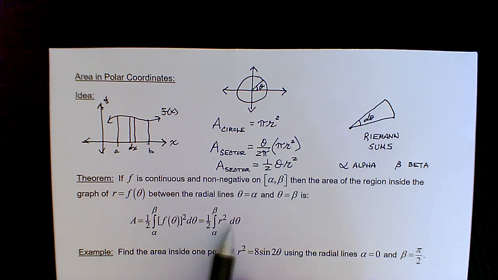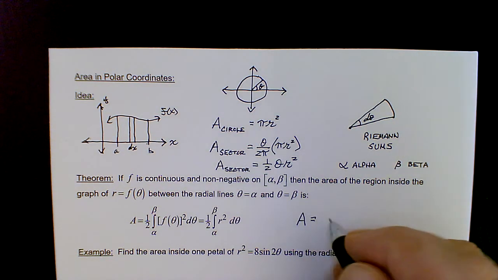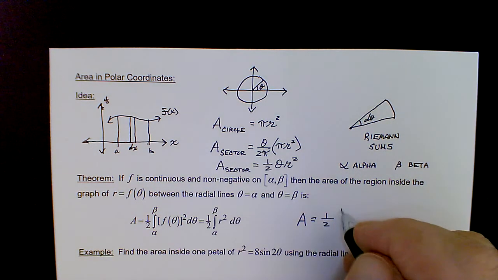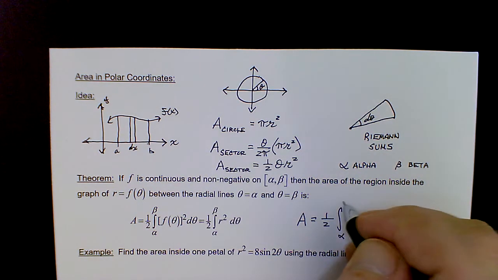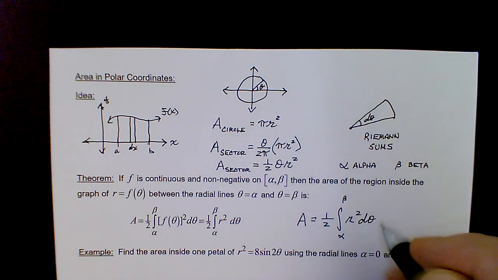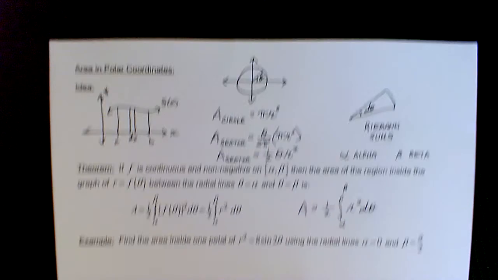And then here's the formula. I would say remember it and write it down on your cheat sheet, because obviously you're going to need it. Probably remember it in this form, 1/2 integral alpha to beta of r squared d theta. But you could use the functional notation form as well.